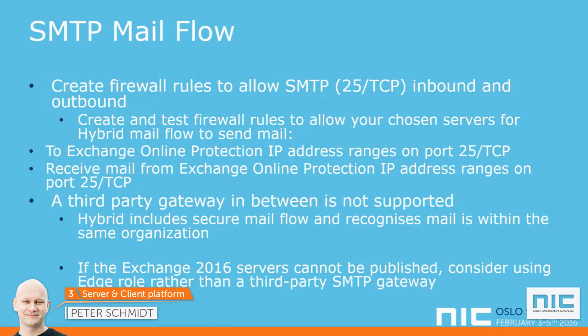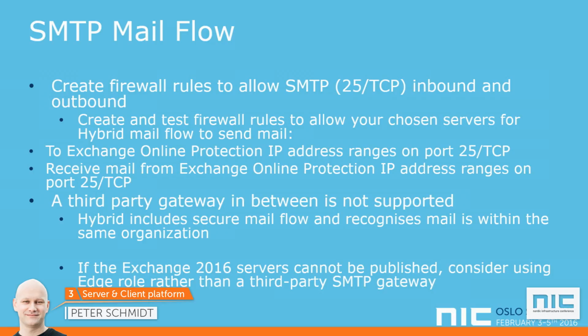Then we have the SMTP. Of course, we need to make sure that we can communicate on TCP port 25, and that Exchange can communicate with the IP ranges of Exchange Online Protection to make sure that we have that mail flow during the whole migration process. A third-party scanning gateway is not recommended in between this.